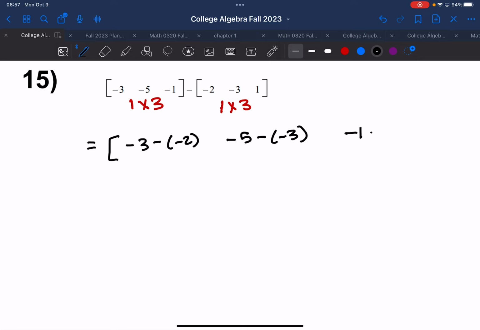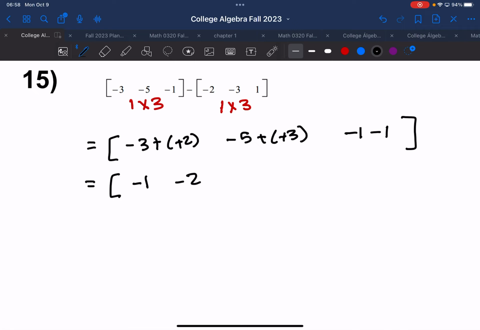And -1 minus 1. Simplifying this, I know that minus a negative is plus a positive. So -3 plus 2 is -1. -5 plus 3 is -2. And -1 minus 1 is what?